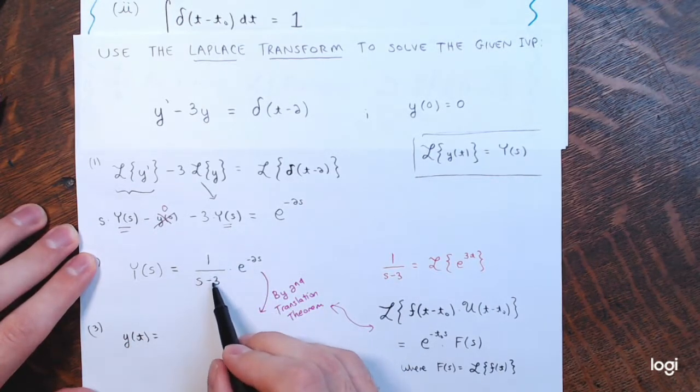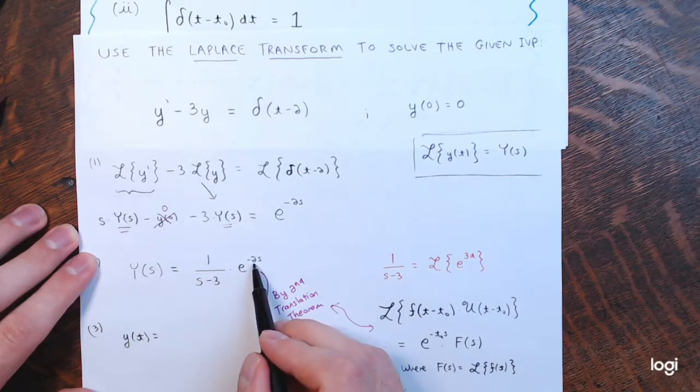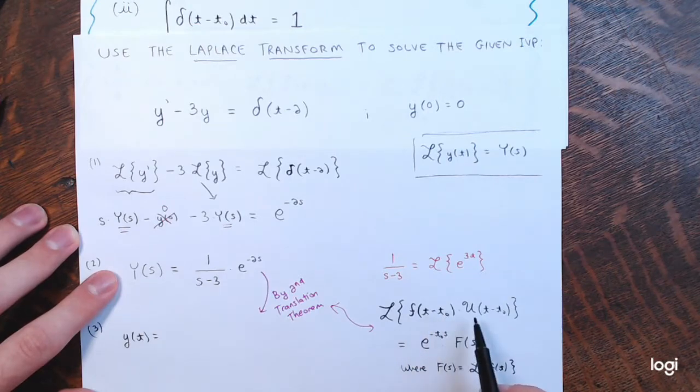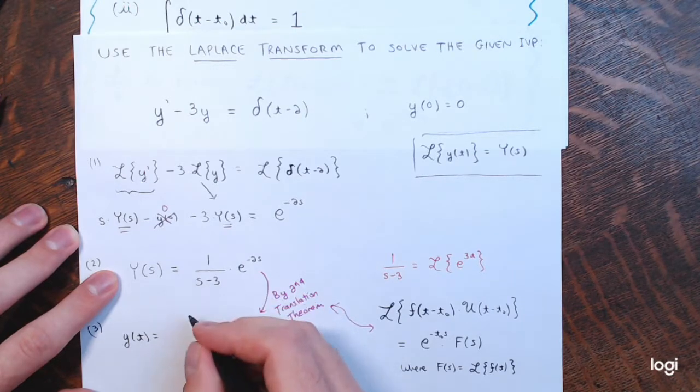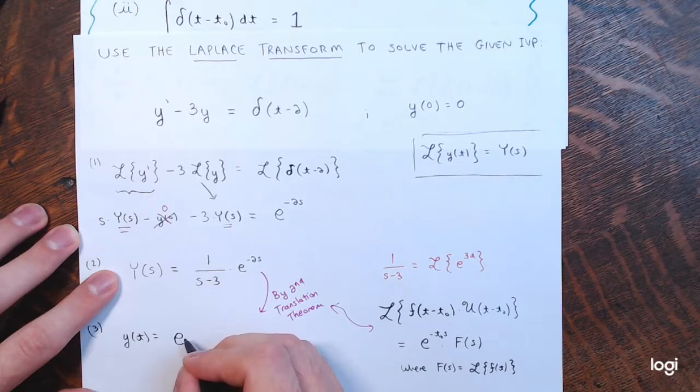this is the inverse Laplace transform of e to the 3t, but with t replaced by t minus 2, and then times the unit step function at t minus 2. All right, so this would be e to the 3 times, and then instead of t, t minus 2.